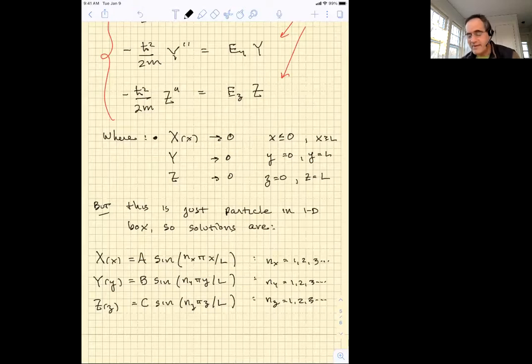Okay? We know that because each of these problems, the problem for the x function, the y function, and the problem for the z function, they all look exactly like the one-dimensional particle in a box.